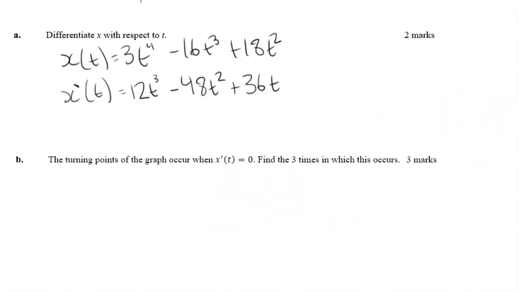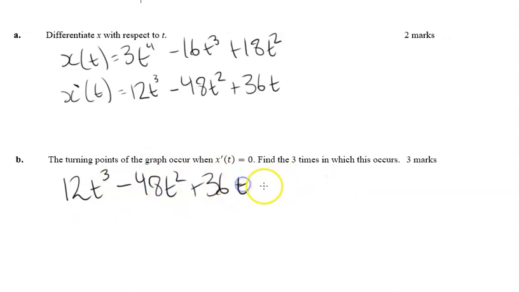So this is implying that this rate of change, which we've already found, 12t cubed minus 48t squared plus 36t, when this is equal to 0, we need to find the 3 different times that t occurs. So we need to find where those 3 spots are. Now you look at this and you think, yikes, there is a cubic involved.